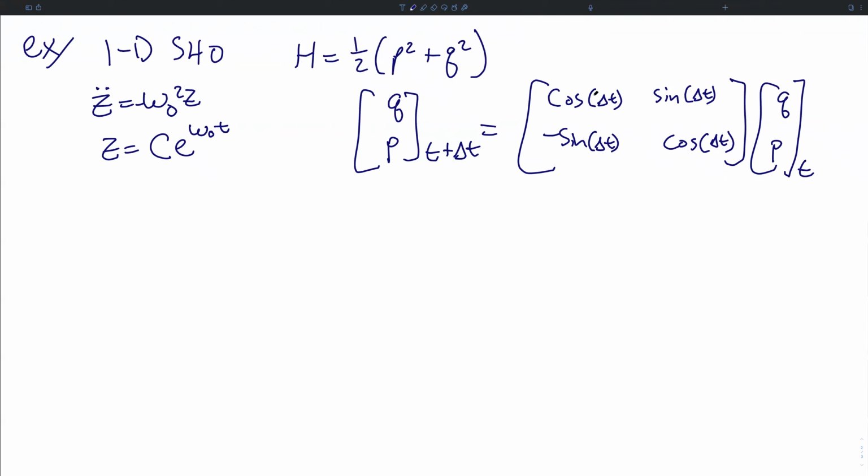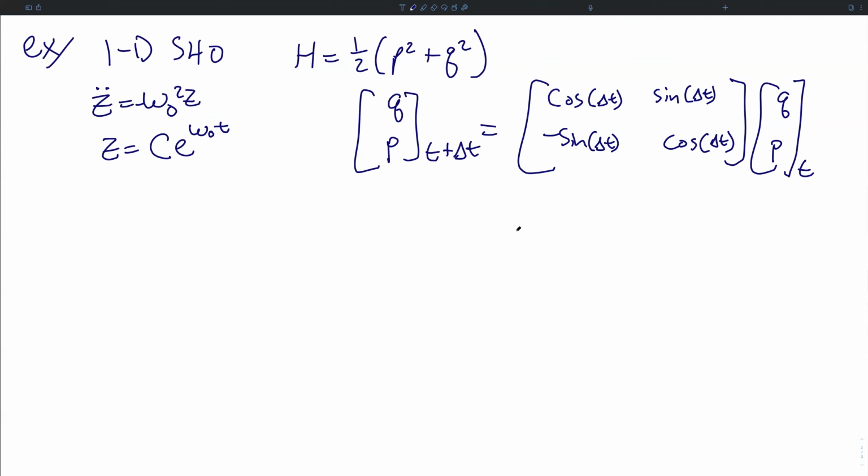You will recognize that this is a rotation matrix in 2 dimensions. So the Hamiltonian version of the simple harmonic oscillator literally looks like a pure rotation in the phase space of the generalized coordinate and its conjugate momentum. I strongly encourage all of you to take a few minutes and ensure that you can recreate this solution.